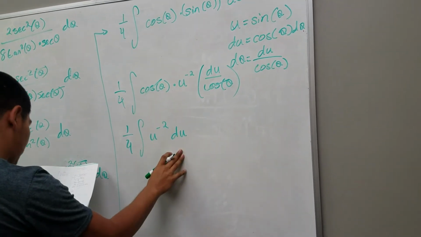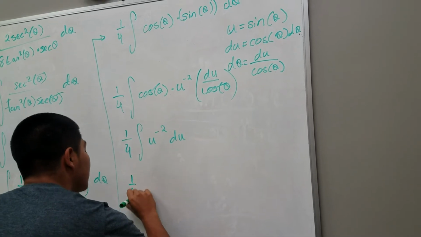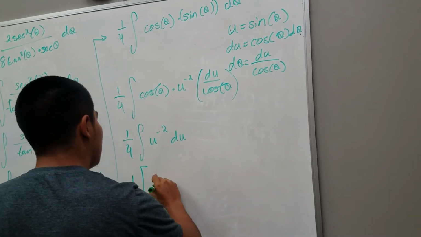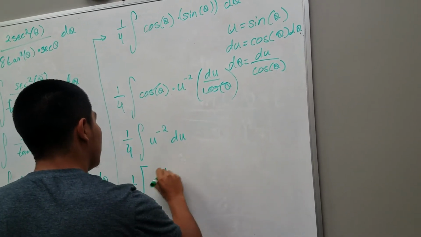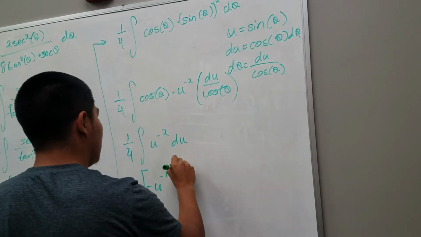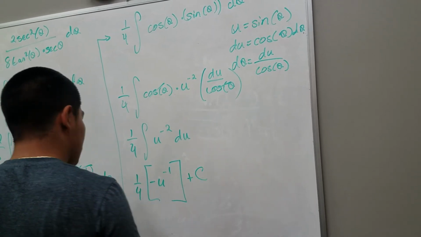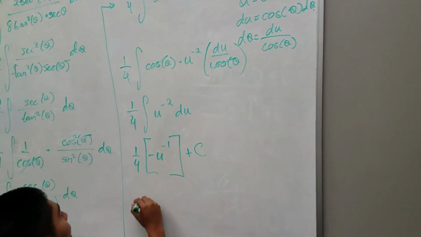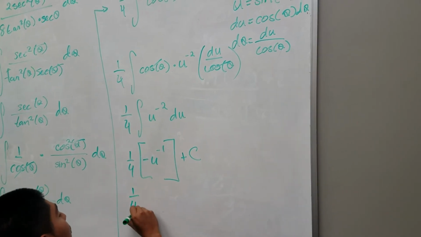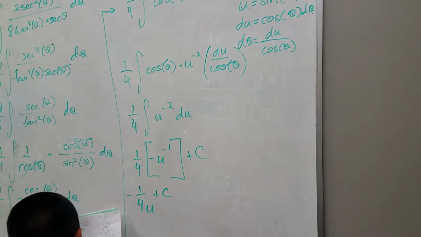And then when we integrate, this is going to be plus 1, so it's going to be 1/4 times u to the -1, with a minus, plus c. So then it's going to be -1/4 u to the -1 plus c.